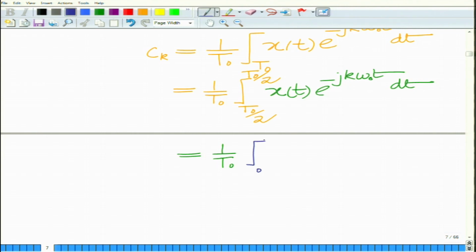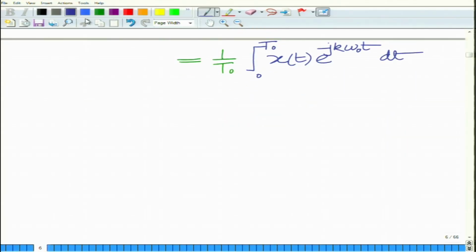These are just some choices that you can typically employ for the sake of convenience in the integral of x(t) e raised to minus j k omega naught t dt. So, this can be from 0 to T naught, minus T naught by 2 to T naught by 2, or any contiguous interval of width T naught. In fact, this can be T naught to 2 T naught, or T naught by 2 to 3 T naught by 2.